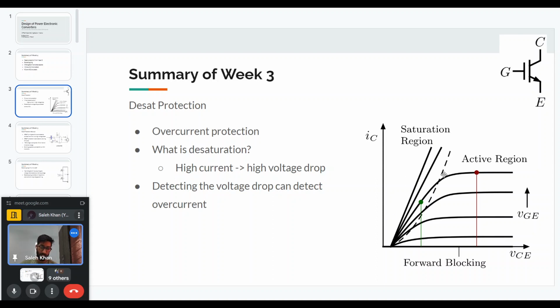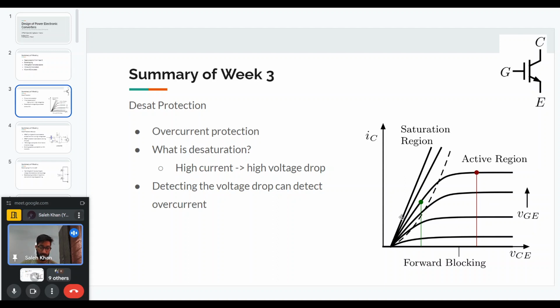And in power electronics, we know that we operate the switching devices in either on or off. So for the IGBT, it would be either in the forward blocking or cutoff region, or it would be in the saturation region. And we know in the saturation region, the voltage drop is very less compared to the full blocking voltage.